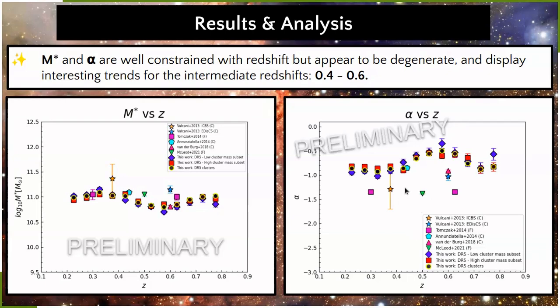This trend says that at the higher end of our redshift range, we are seeing a higher abundance of high mass galaxies. Normally, as you move to higher redshift, you should see more low mass galaxies. So we still need to figure out what's driving these trends, whether it's something to do with the stellar mass limits or with our method.